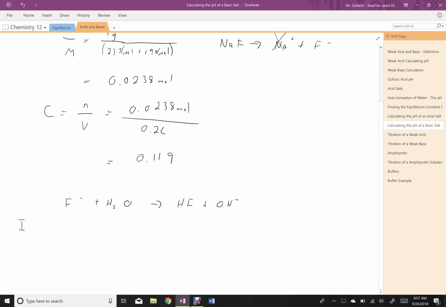I have an initial concentration of F minus to be 0.119, and I'm going to assume I have no HF and no OH in my solution. I need my K for this conjugate base process. I can find that as long as I know the equilibrium constant value for the original weak acid process using this equation.